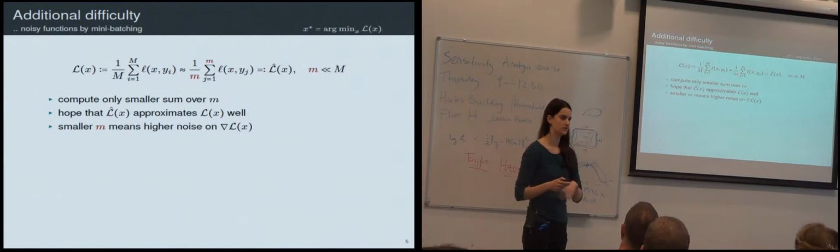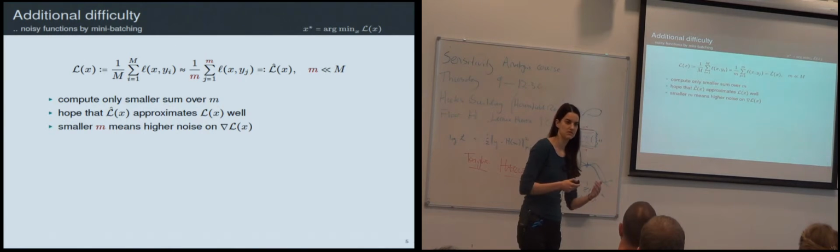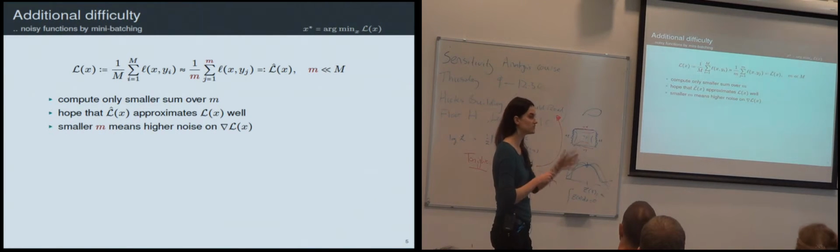People who train neural networks know that, for example. Then capital M would be your number of data points, which can be some millions, when you think of ImageNet. And this is actually not feasible to evaluate each time. It would just take too long.